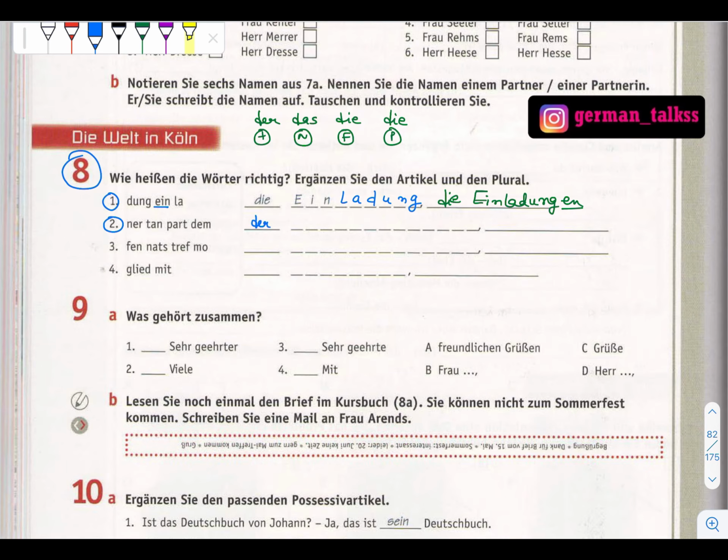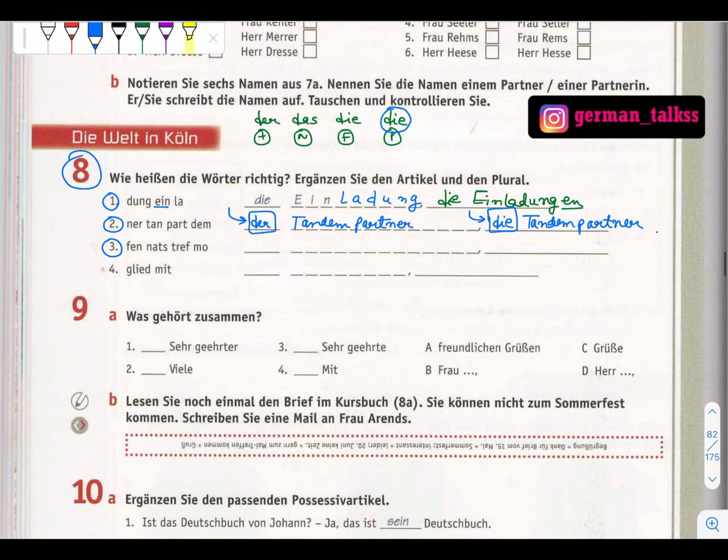Nummer zwei, der. We did this word in the course book. Tandempartner. And for plural we know the article die. So first I will write die, then again Tandempartner.